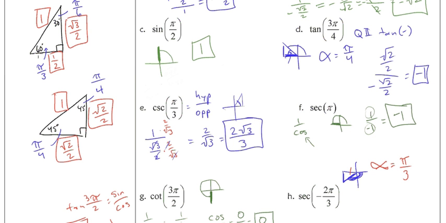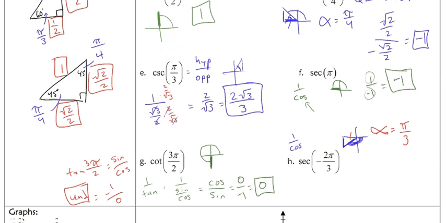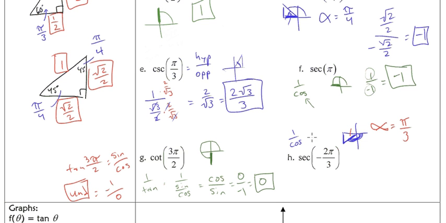And we're doing the secant. Remember, secant is 1 over the cosine. And here in quadrant 3, cosine is going to be negative, so secant is negative. All right, and then secant being the hypotenuse divided by the adjacent side, or cosine's adjacent over hypotenuse.